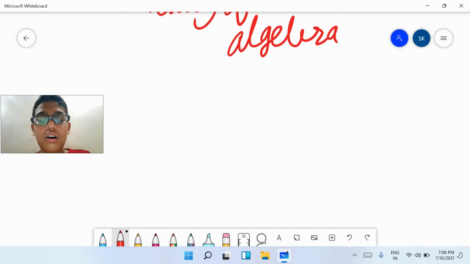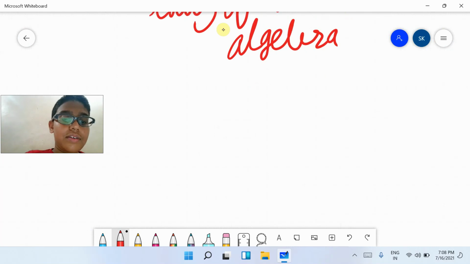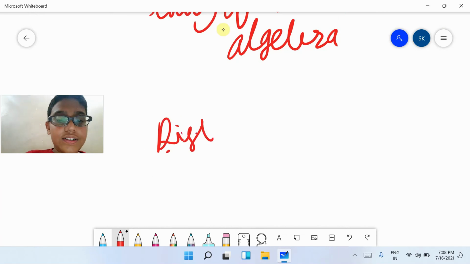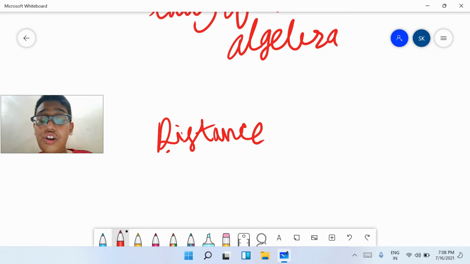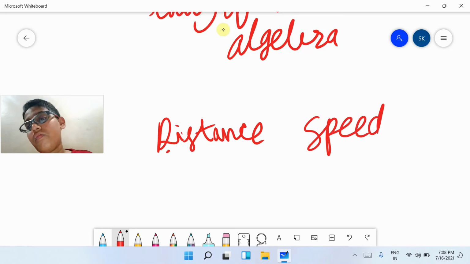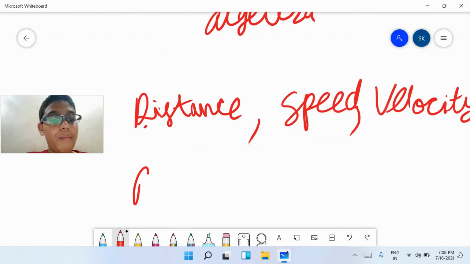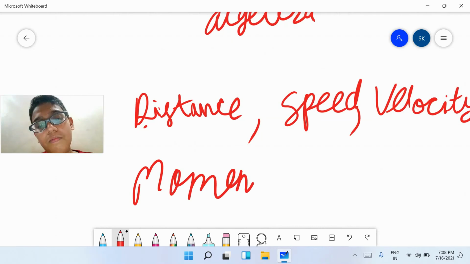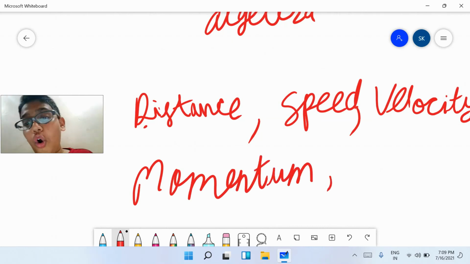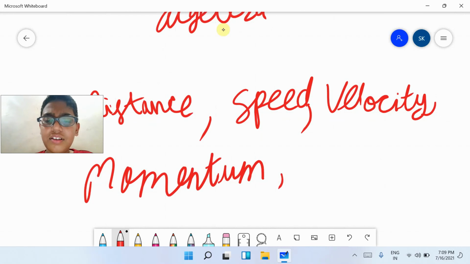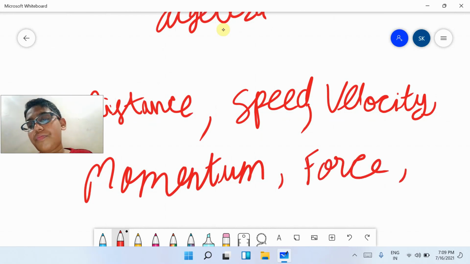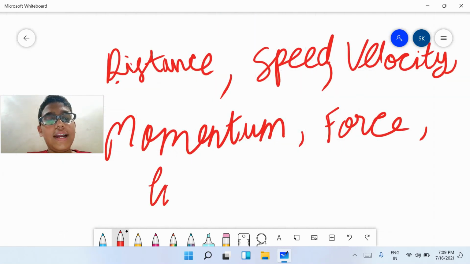Now let's take some examples. I am taking S. Let's take distance. Sorry for the handwriting. Velocity, momentum, we can take anything like force, electric current.